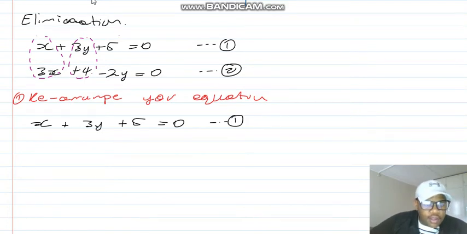So you'll say, this x plus 3y plus 5 is equal to 0 is equation number 1. And then this one, the 3x is fine, but I want to put minus 2y here and my plus 4 here. It's equal to 0.